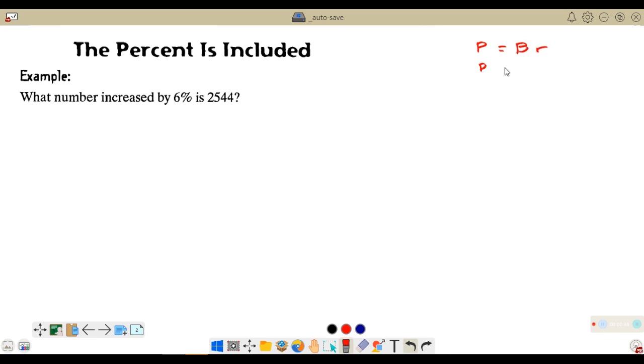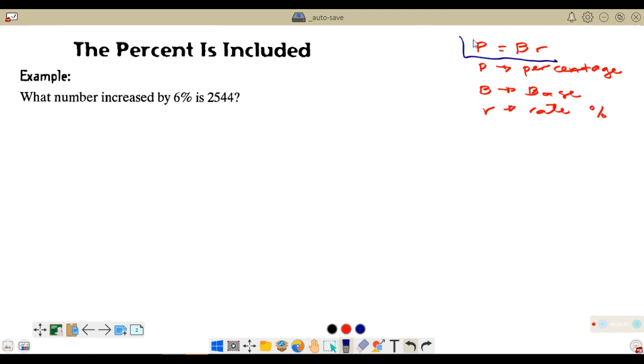So P is of course the percentage or the portion of a certain number. What is that certain number? The base or our original number. Next, we have R, which is the rate. It is easy to recognize because it is always affixed by the percent symbol or given as a fraction or decimal.